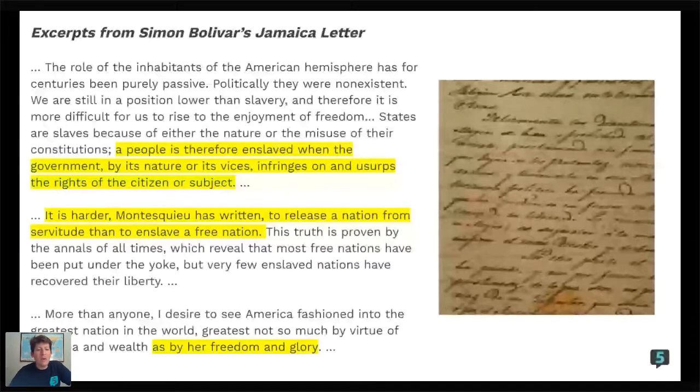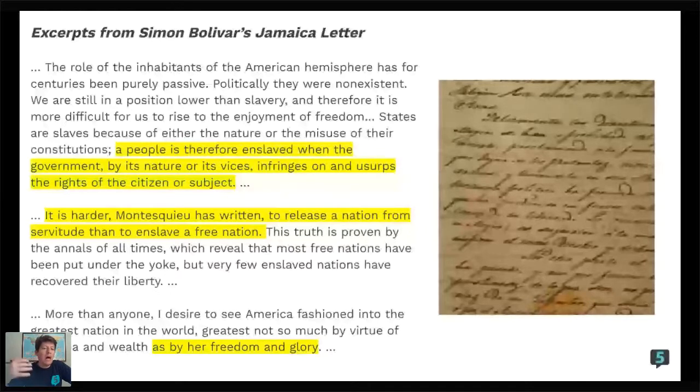He even quotes, in another section, the Baron de Montesquieu. It may not necessarily be specifically about the separation of powers, but another one of Montesquieu's writings. He says, "It is harder," Montesquieu has written, "to release a nation from servitude than to enslave a free nation." So again, going to these very significant, well-known Enlightenment thinkers.